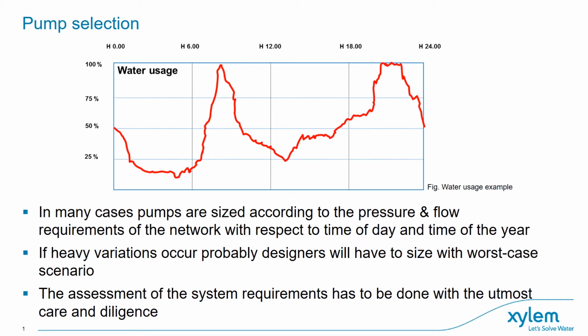If we first look at the pump selection, in many cases, pumps are sized according to the pressure and flow requirements of a network, with respect to the time of day and the time of year.